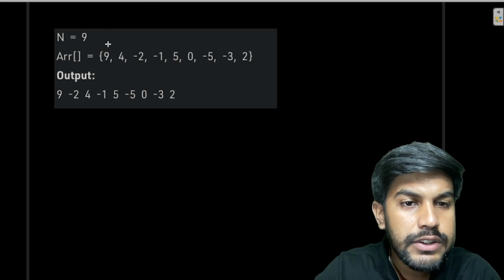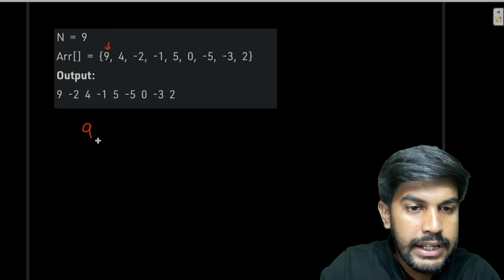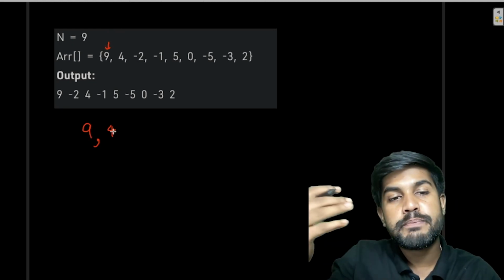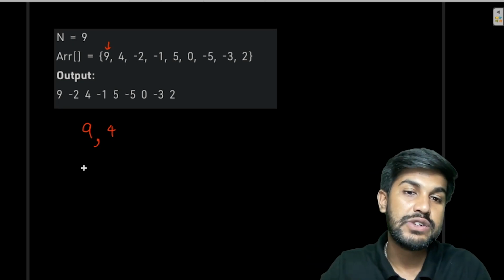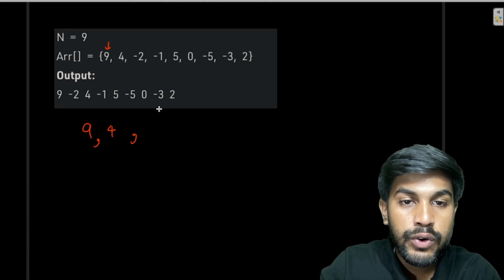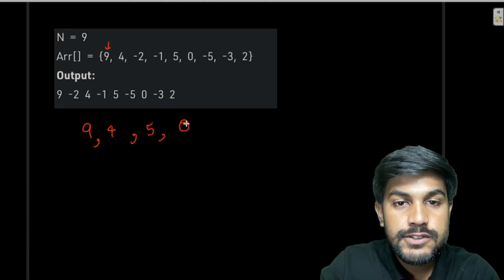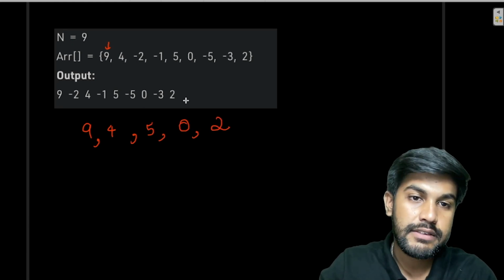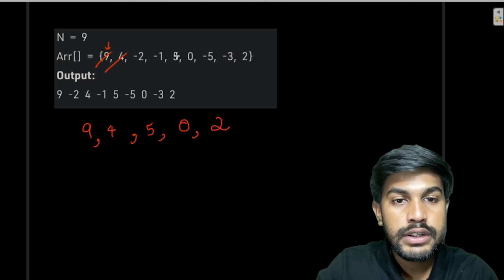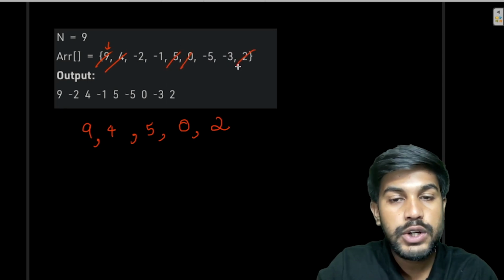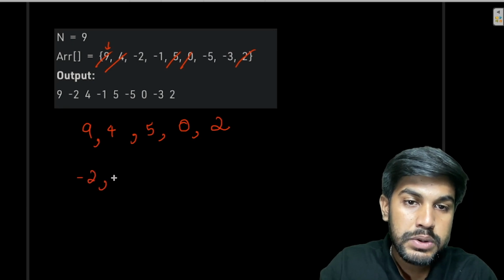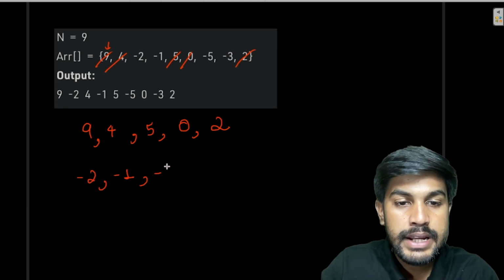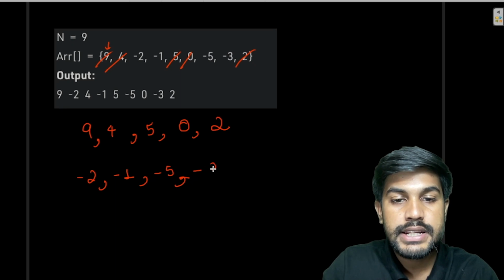So we can take up this number 9, and then we can write all the positive numbers, like we can segregate the positive and the negative values. So 9, 4, 5, 0, and 2 is done. Now we have the next negative ones. It is -2, -1, -5, and -3.